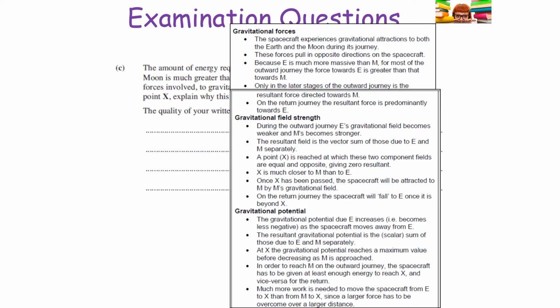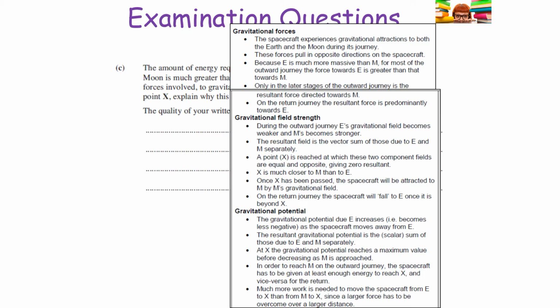At point X it did say that the gravitational field strength was 0, so that indicates that the gravitational field strength from the Earth and from the moon at that point balance out and are going to be 0. Now X is much closer to the moon than it is to the Earth. Why is that? Because the moon is much less massive than the Earth, so its gravitational field strength is going to be a lot smaller at the equivalent distance than the Earth's would be.